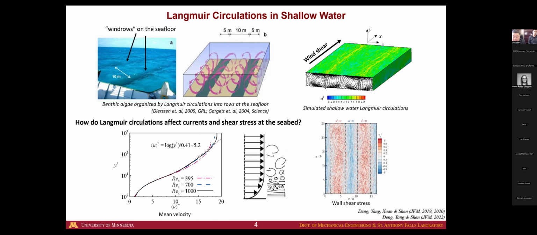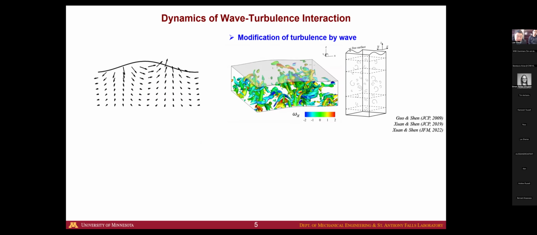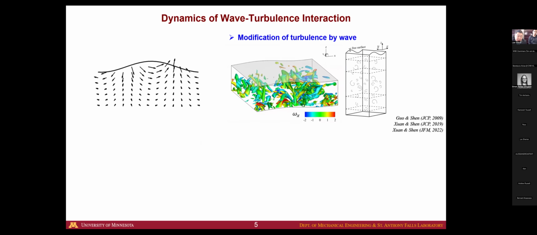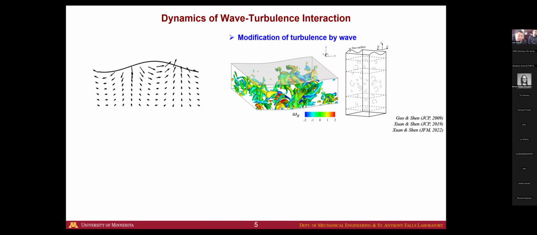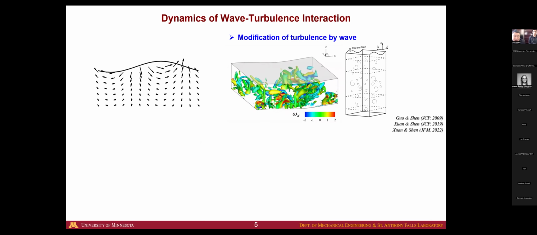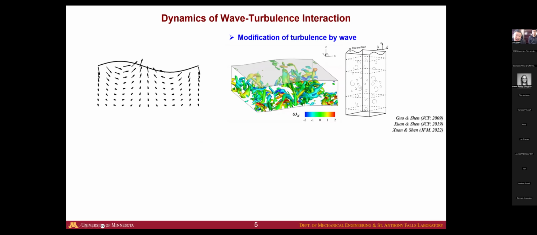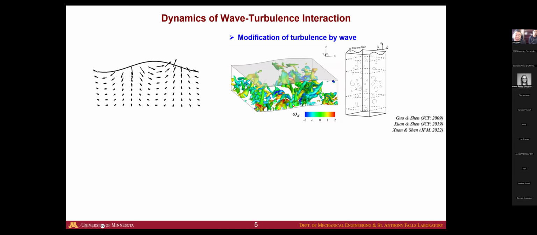And then we look at some fundamental dynamics of wave turbulence interaction. In this numerical setup, we generate isotropic homogeneous turbulence in the bulk flow, and then let a monochromatic wave pass through it.